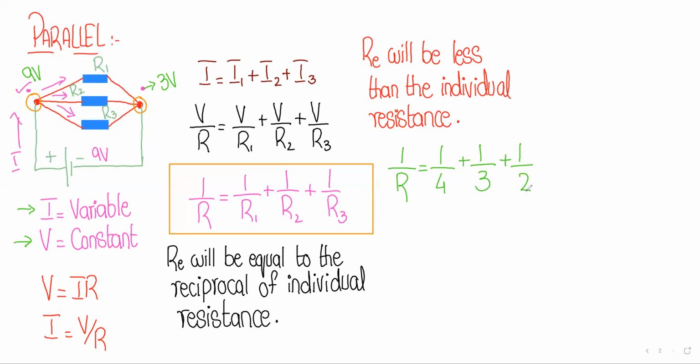First, you will get the answer in the form of 1 over r, right? Then you get the answer of r by reciprocating the value which you calculated over here.